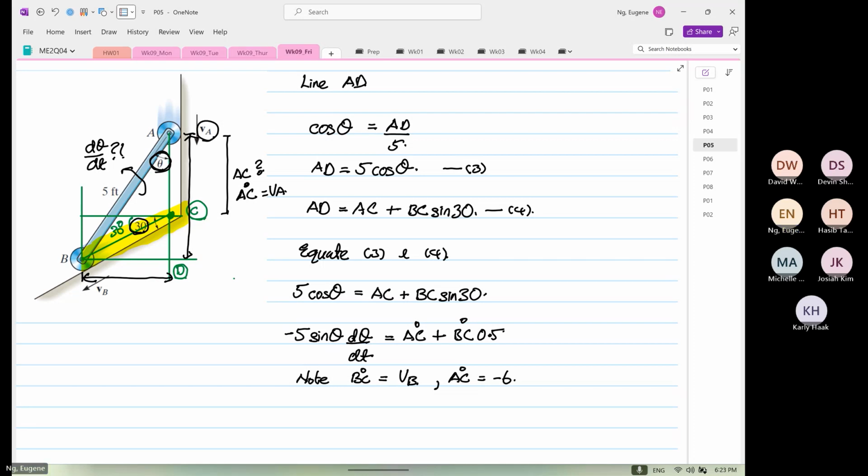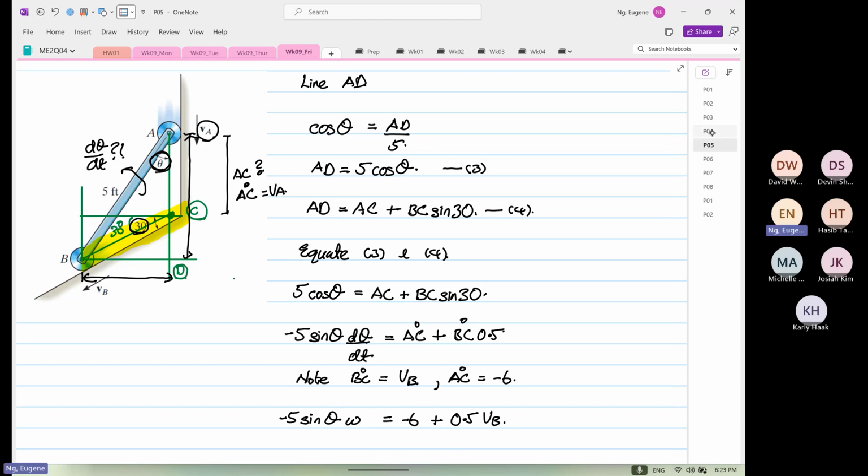Okay, so we know that. So we can form the equation minus 5 sine theta multiplied by omega. This is equal to minus 6 plus VB. No, BC dot is VB.